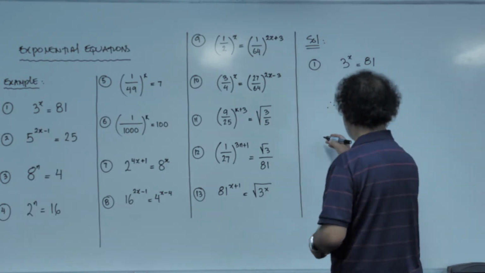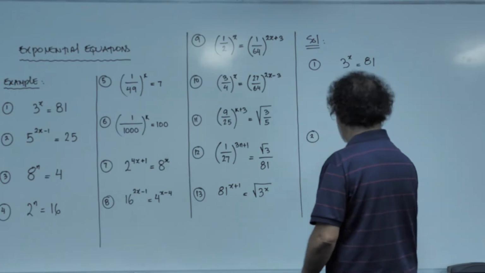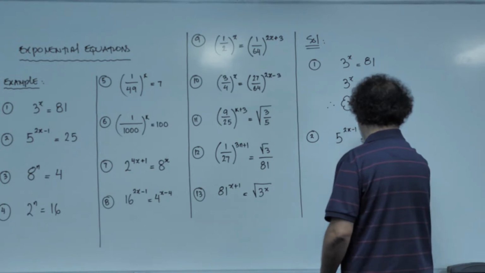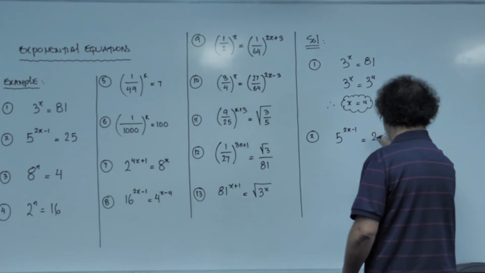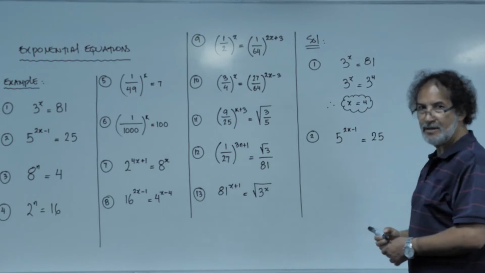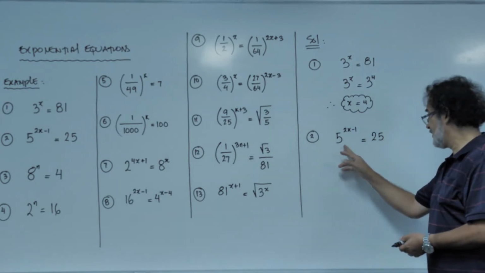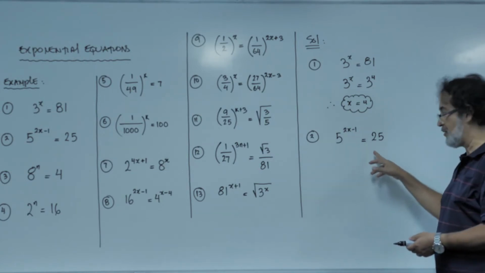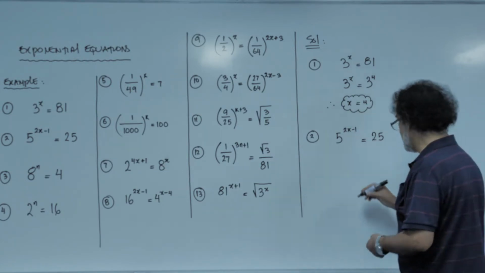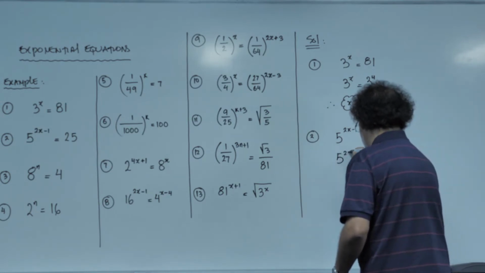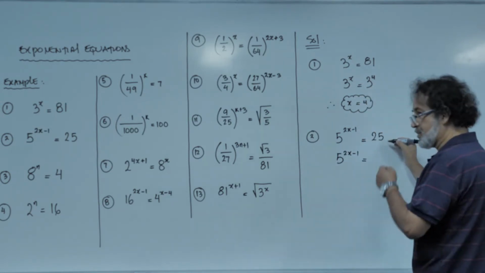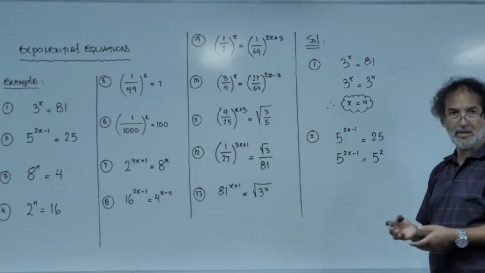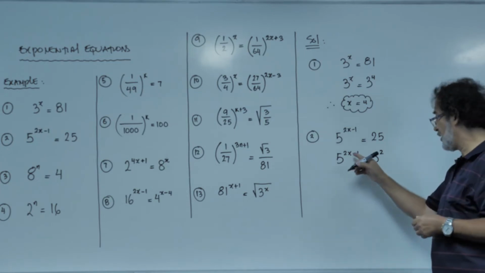All right, question 2. We have 5 to the power of 2x minus 1 equal to 25. I really want to have the same number, and I think it's kind of obvious what we have to have in here. If you express 25 as 5 squared, then it's done, basically, because then we equate the powers.